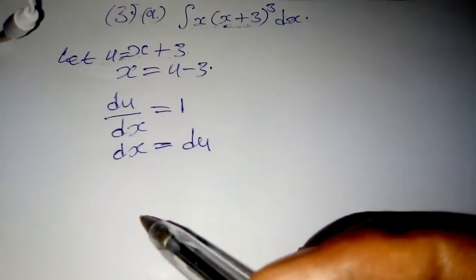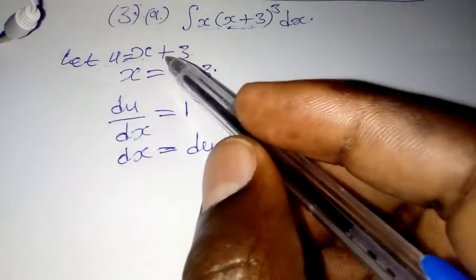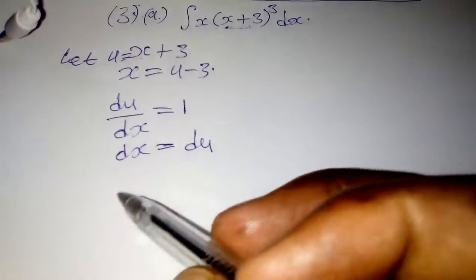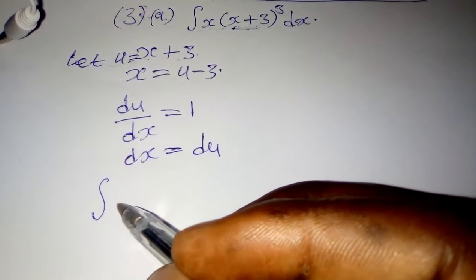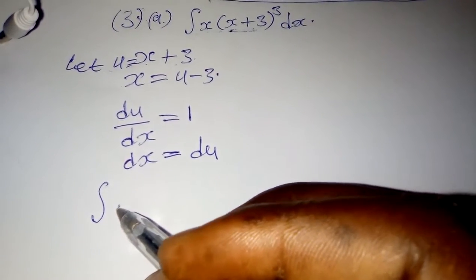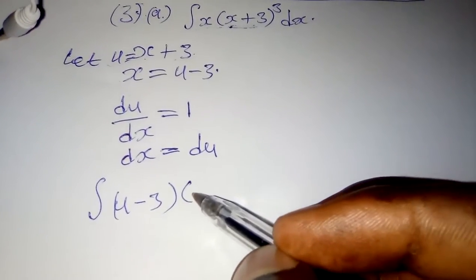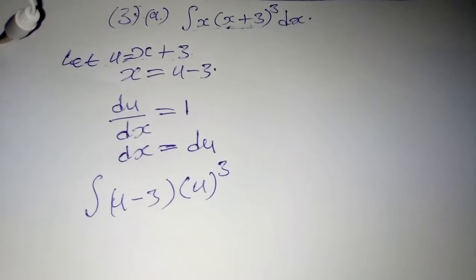Having done this, it is now very easy for us to find the integral of this question. So how do we do it? Like I said, where there's x, you replace with u minus 3, and where there's x plus 3, I'm going to put u. So I'm going to have my equation looking like this. Where there's x, I'll put u minus 3, and then I'm going to multiply this by u, and of course this u is raised to power 3.